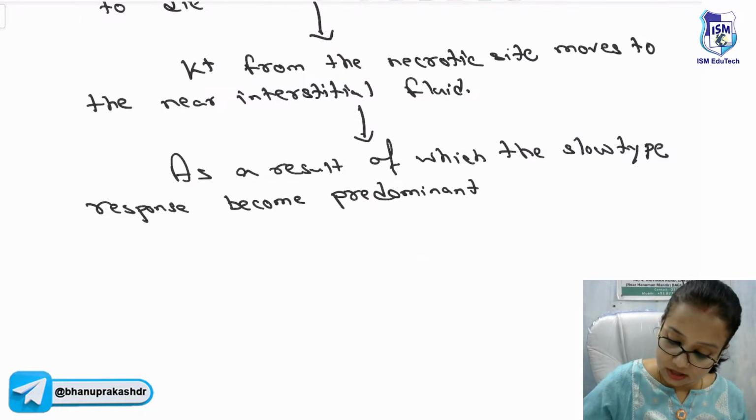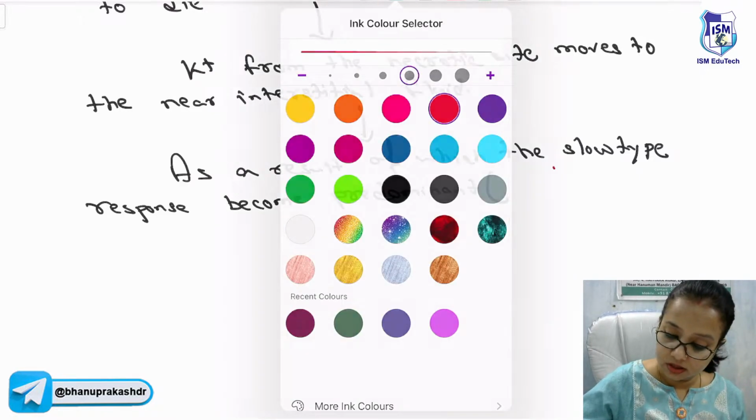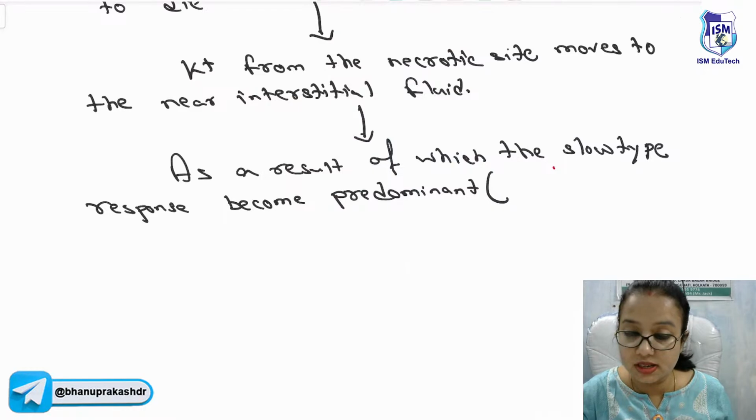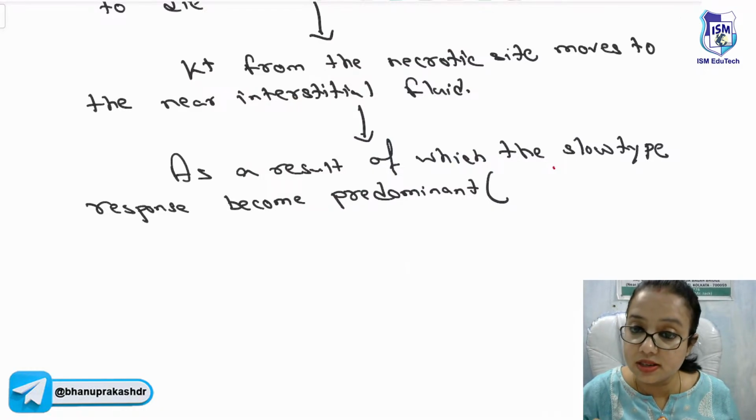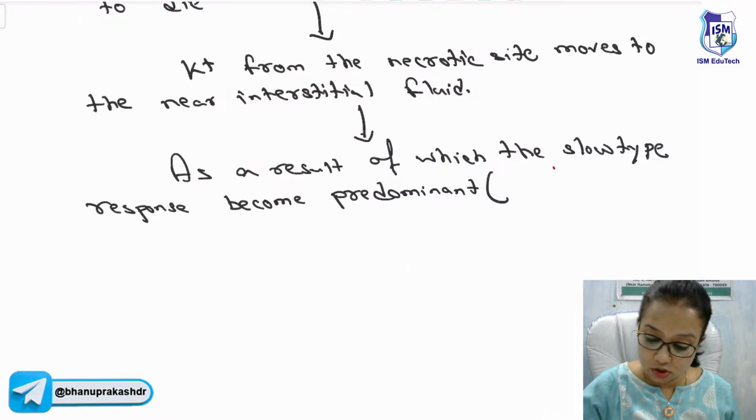Means what? If I write it in simple words, because the cardiac muscle is not receiving enough blood, cardiac muscle means what? This is a damage that has happened to the ventricle or atrium, mainly the ventricle. So, in the ventricle, what happens?